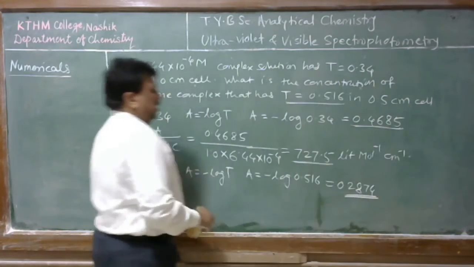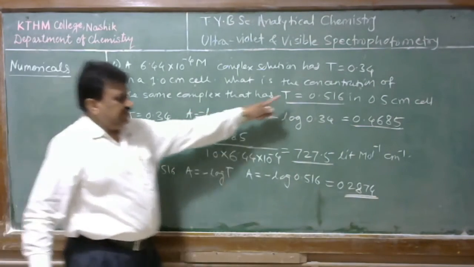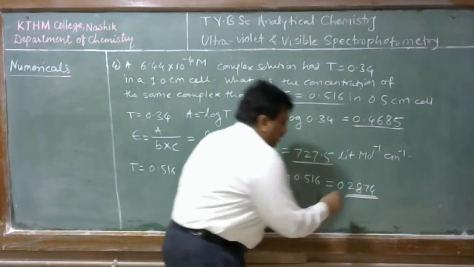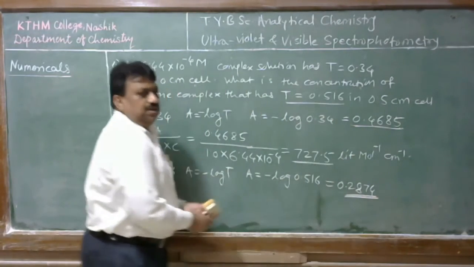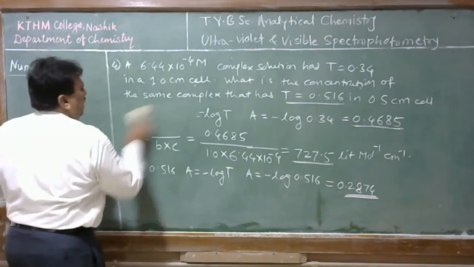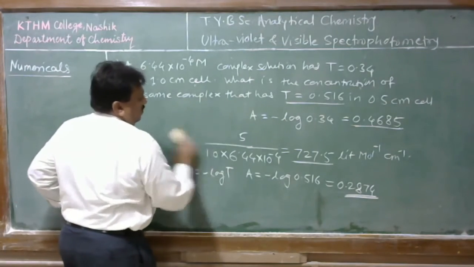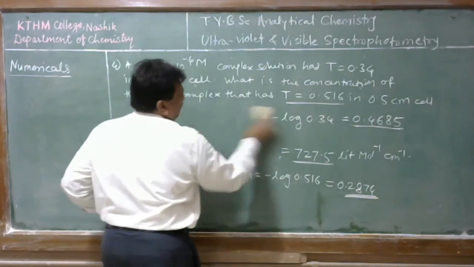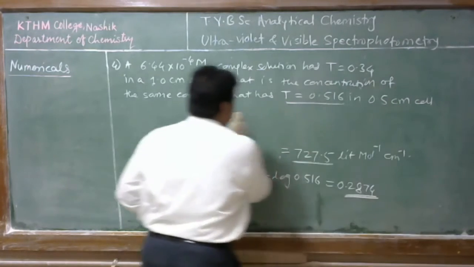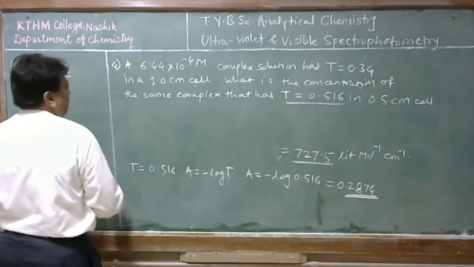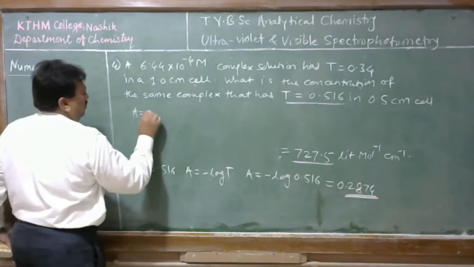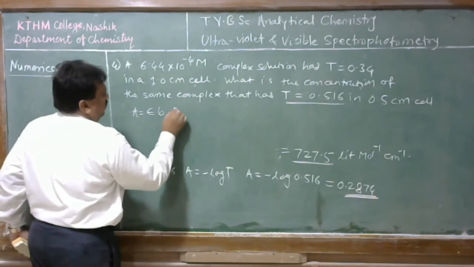This is the absorbance of that solution which transmits this much amount of radiant power. Therefore here we can find out the concentration. We have the value of epsilon, we have absorbance. Therefore A is equal to epsilon into B into C.